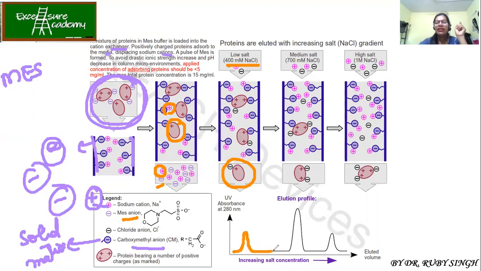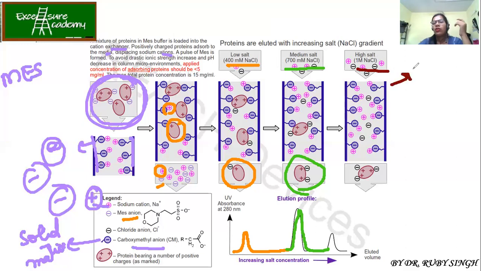And then nothing is there. When nothing is coming, no proteins are being eluted, so you increase the salt concentration. Then more positively charged proteins will be eluted out, and you get another peak. Similarly, the final concentration we use is around 1 molar NaCl.